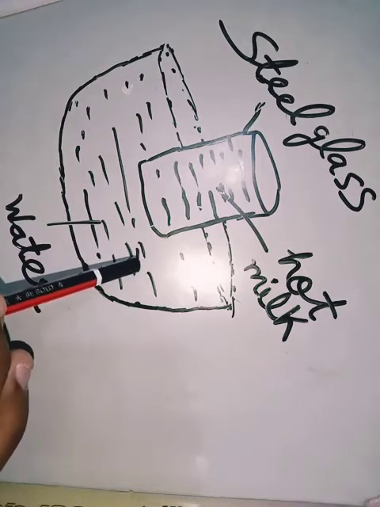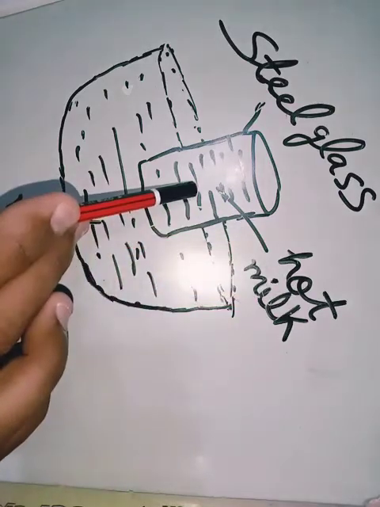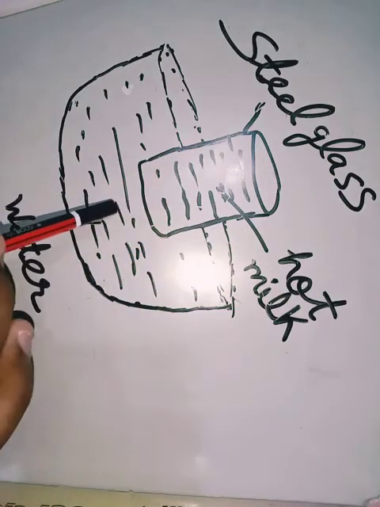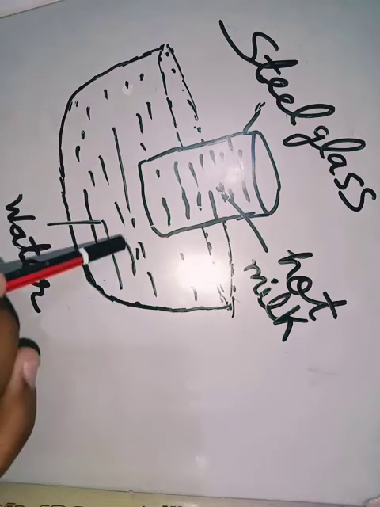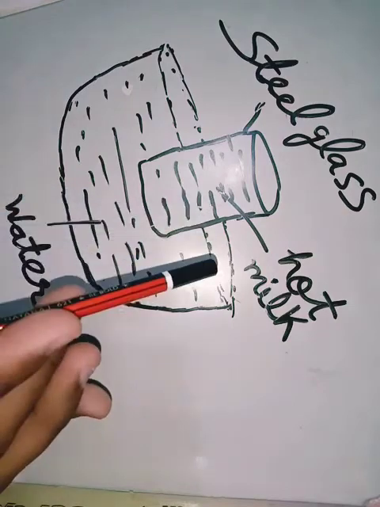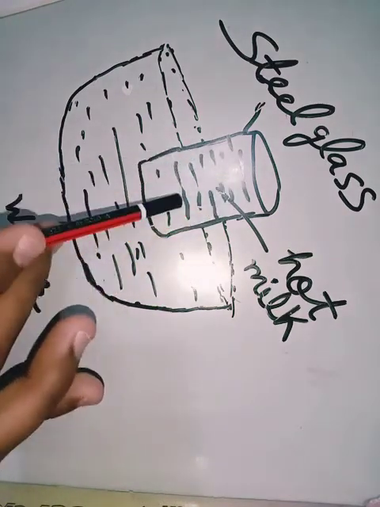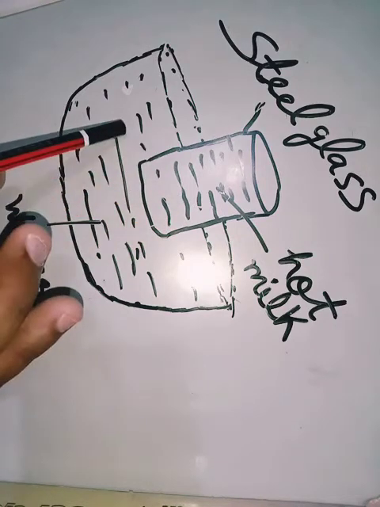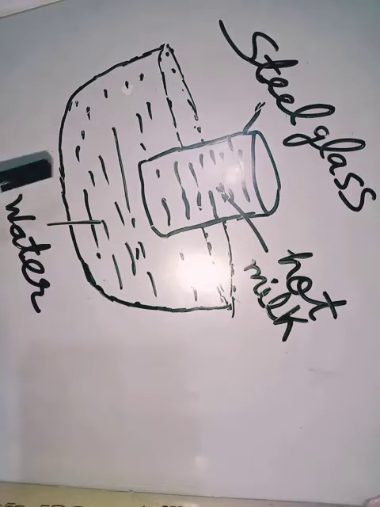The temperature of the milk goes on decreasing and the temperature of the water rises, meaning the water will become a little bit hot and the milk a little bit cold. So we can say the heat from the hot object is transferred to the cold object. In this way the heat transfer takes place.